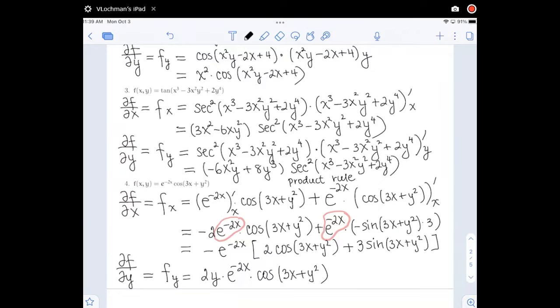Oh, this should be sine, right? Shouldn't this be sine right here? Here we go. Yep. And negative sine, we have 2y e to the negative 2x. Okay, I think now we've corrected everything, right? Let's take a look at it. Is that right?